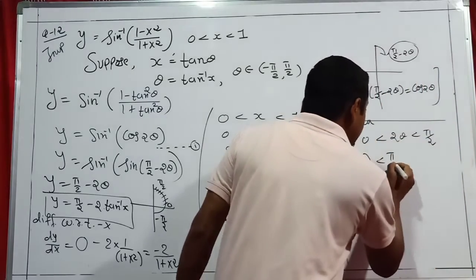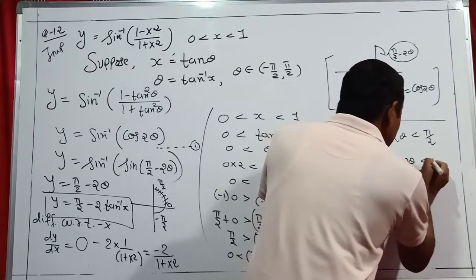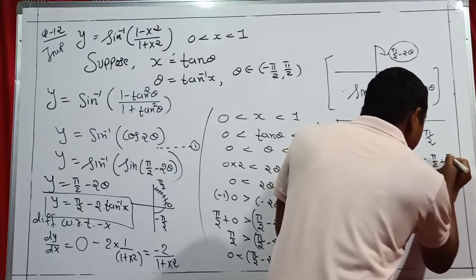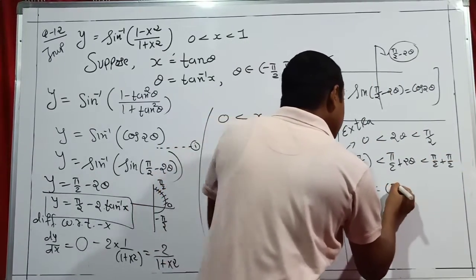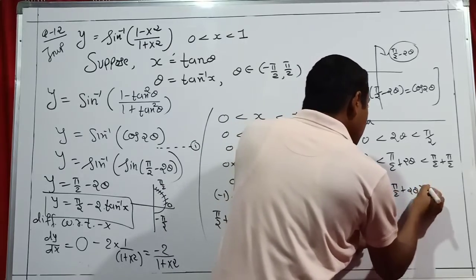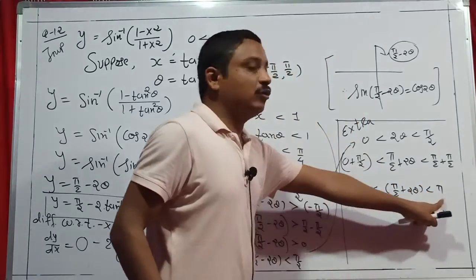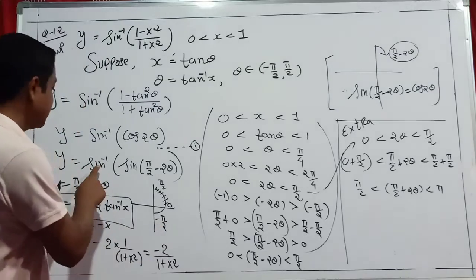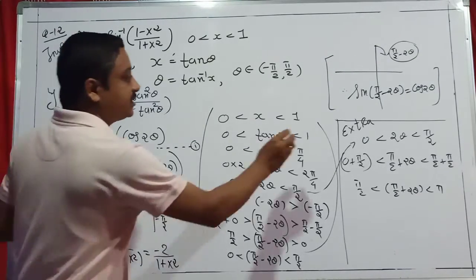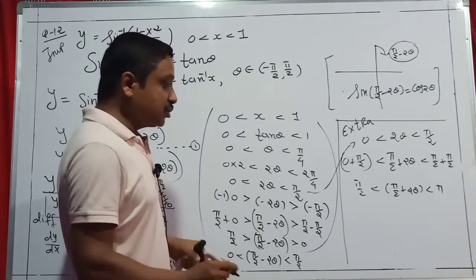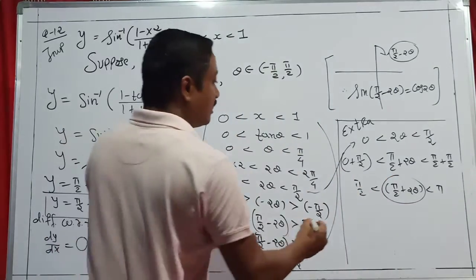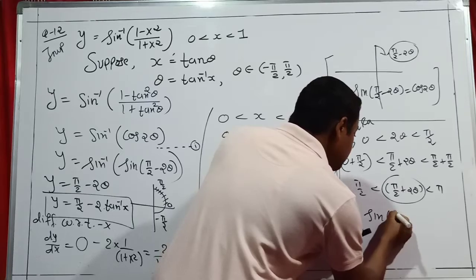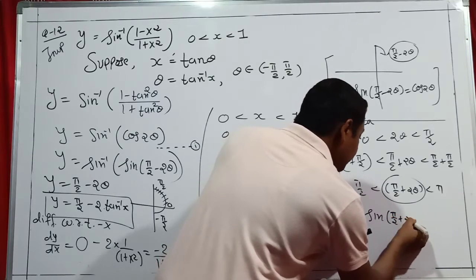So here pi by 2 plus 2 theta, and that also pi by 2 plus pi by 2. Check. Here 90 plus 2 theta, and here pi. And pi by 2 to pi is not in the range of sine inverse. Indirectly this case fails. Also, if you put the value for cos 2 theta, sin of 90 plus 2 theta, what is the value?